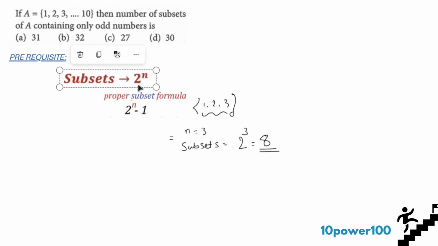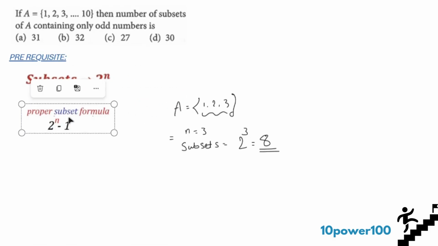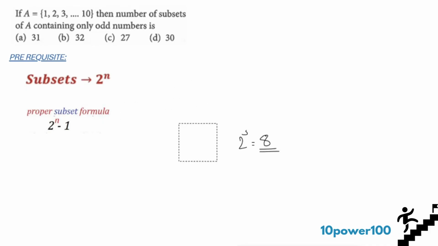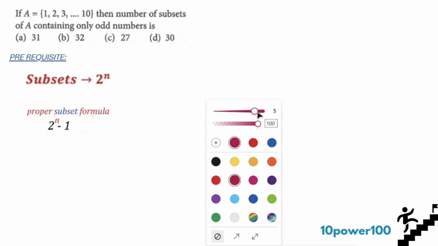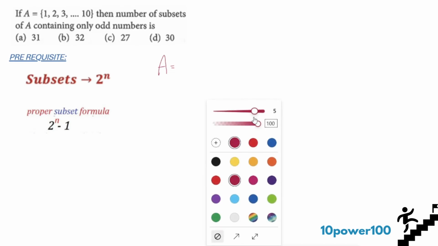Now let us see the actual problem. The actual problem says find the number of subsets of A containing only odd numbers.